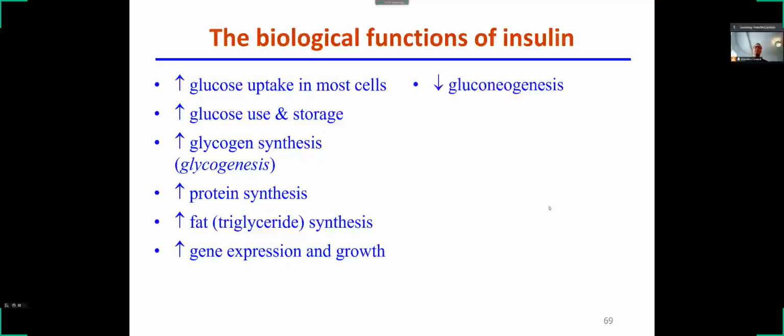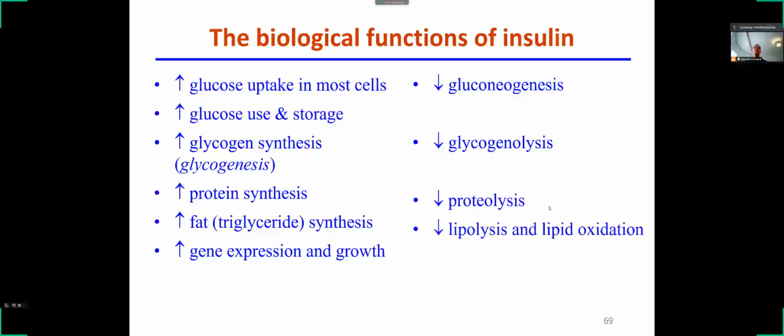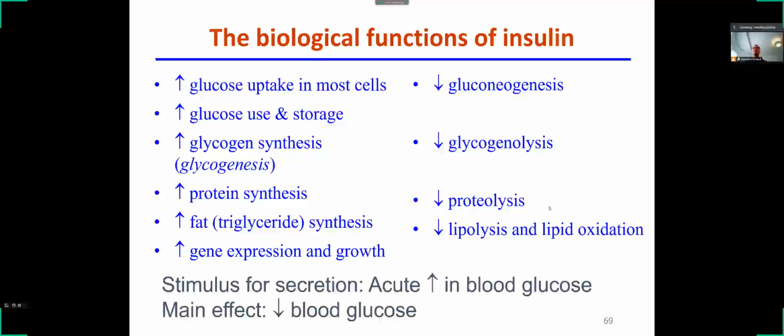You have typically a decrease in gluconeogenesis, a decrease in glycogenolysis, and a decrease in proteolysis, with a decrease in lipolysis and lipid oxidation.